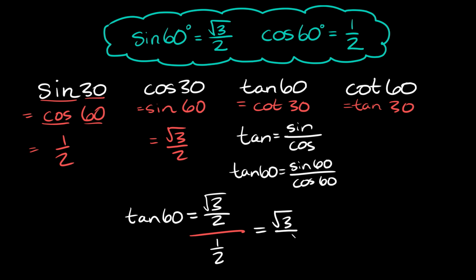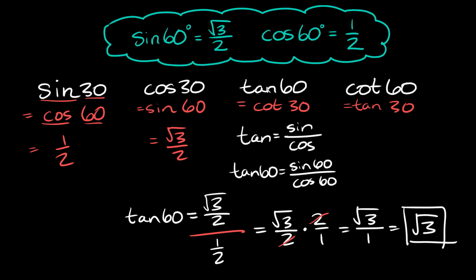So we're just going to leave that as the root 3 over 2. And then this time we're going to multiply by the bottom fraction, but we're going to flip it. So here we'll have 2 over 1. All right, so now as you can see, we have a 2 on the top and bottom, so those cancel out. So now if we just multiply straight across, we'll get root 3 over 1, or simply root 3. All right, so that's what the tangent of 60 degrees is equal to. That's also what the cotangent of 30 degrees is equal to, root 3.